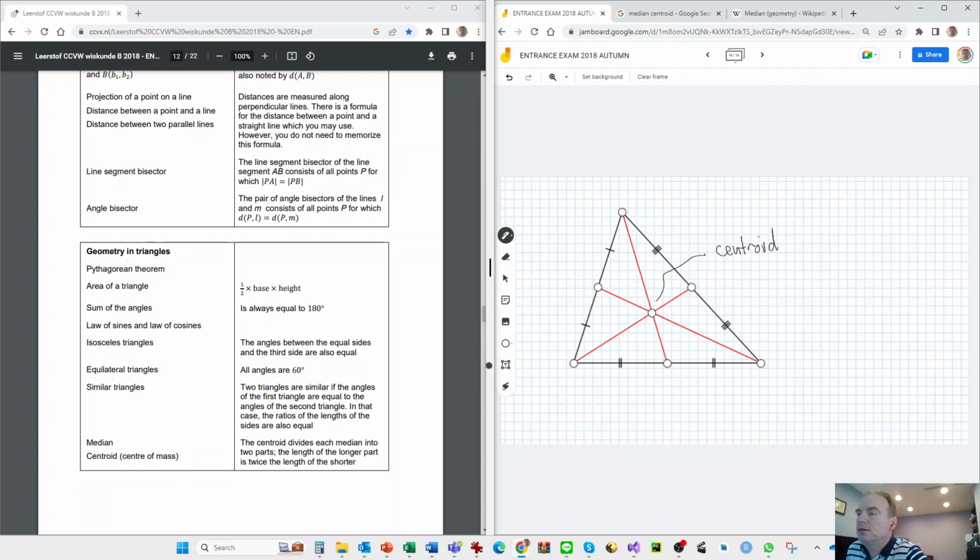And the centroid actually divides the median in 2 parts, and the length of the longer part is twice the length of the shorter. So the length of this is twice that of this one, etc. So this is twice that of this one, this is twice that of this one.